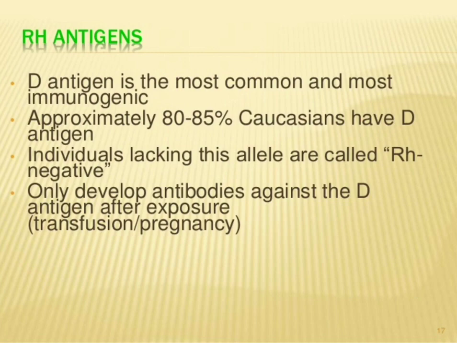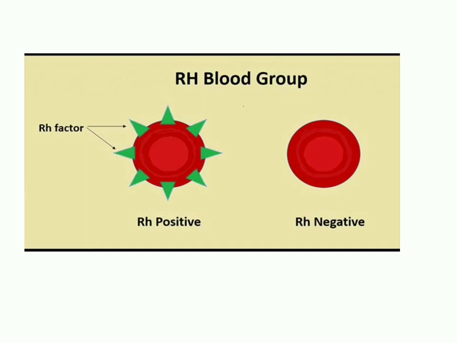Individuals lacking D antigen are Rh negative. Here we can see in the figure that the Rh positive blood cell has Rh factor on the surface of its red blood cells and Rh negative does not have the Rh factor on its surface.